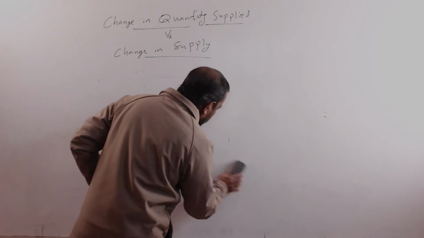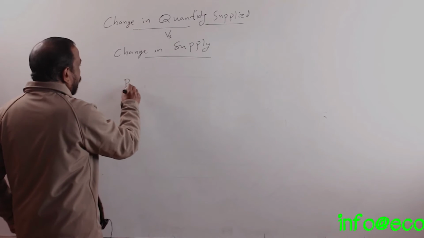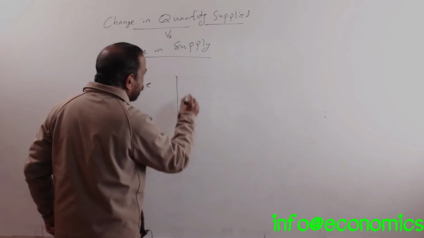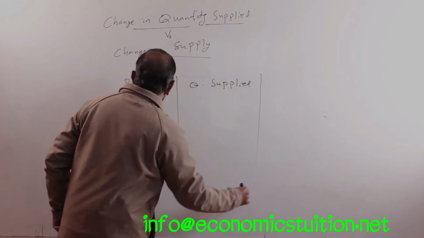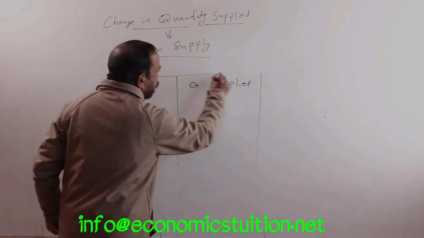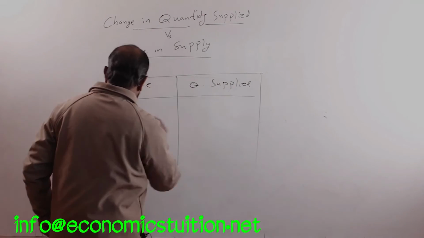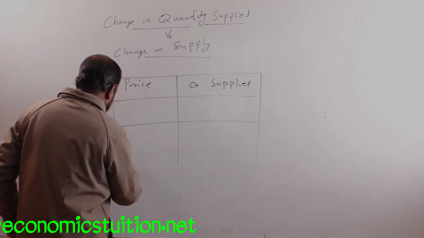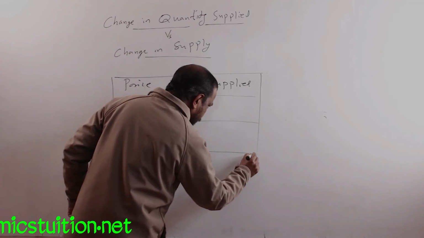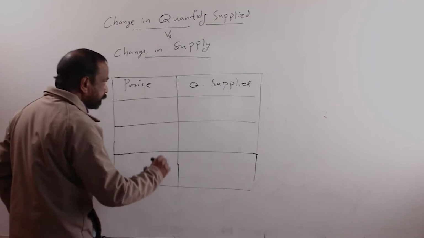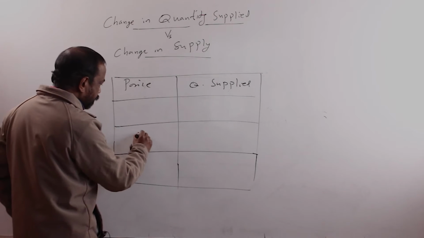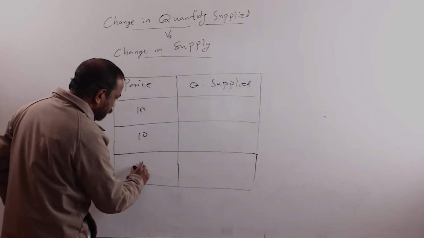So, price and quantity supplied. We are going to choose 3 prices and 3 quantities supplied. This is 10, this is also 10, this is also 10.